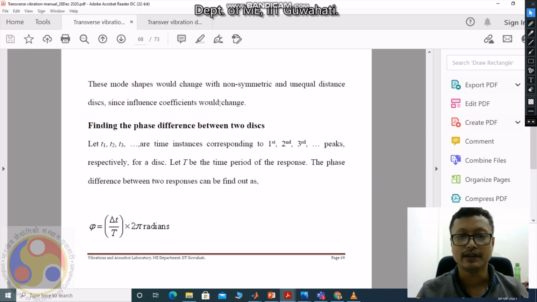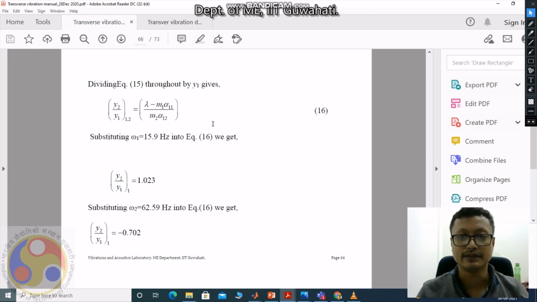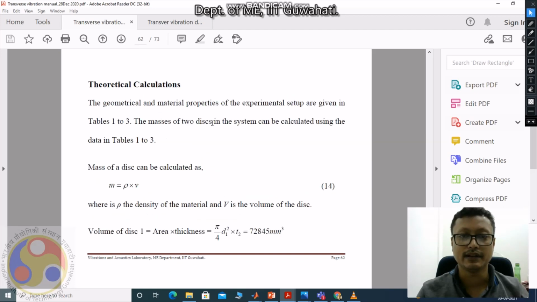Do the theoretical calculation yourself, and from the practical side, whatever is shown in the video and data sheet that we will provide, try to find the first and second natural frequencies by calculating on your own, and correlate them. It will not come out exactly the same value, but find out how much it differs.